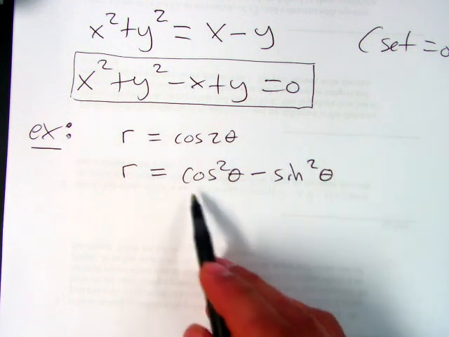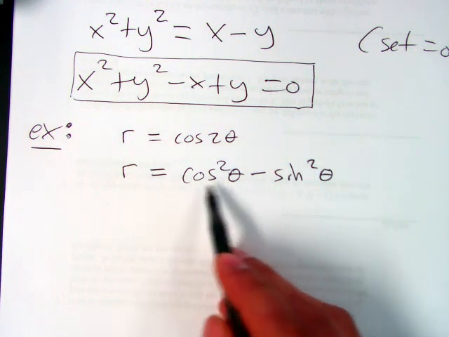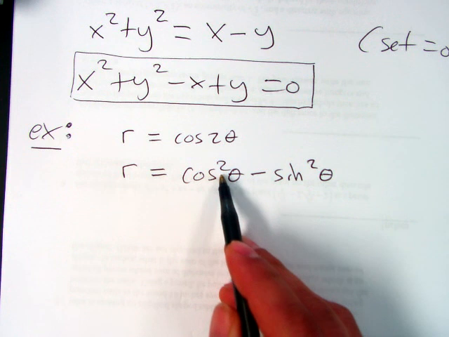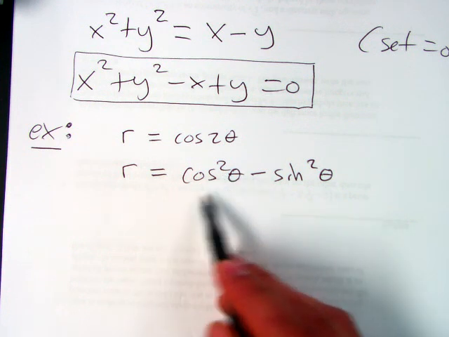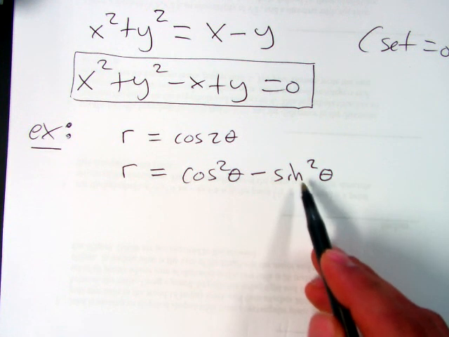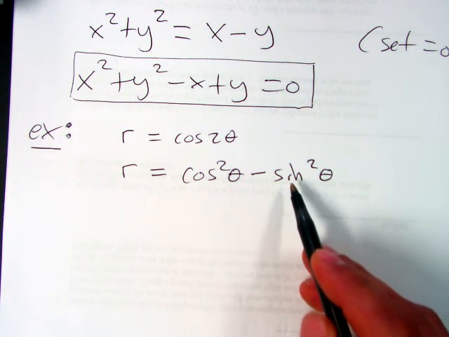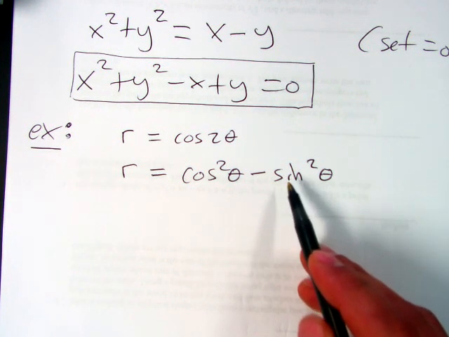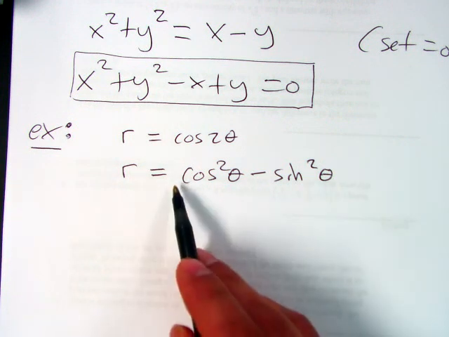This is going to become what, do you think? X. But cosine is squared, so it's really going to turn into an x squared. Does that make sense? This is a sine squared, so what do you think that's going to turn into? Y squared. Good. What's missing, though? Multiply by r. If I multiply by r, I don't quite get there.